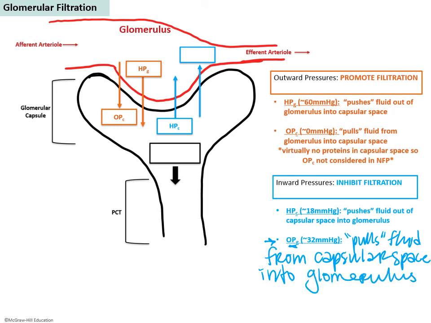So I know this is our last box. Hopefully you know where to put it. So OPG, that colloid osmotic pressure of the glomerular capillaries or glomerulus, is going to pull fluid from the capsular space into the glomerulus. So these are all of our pressures.